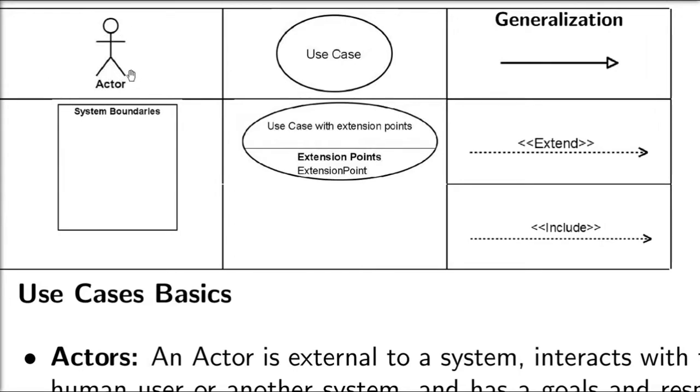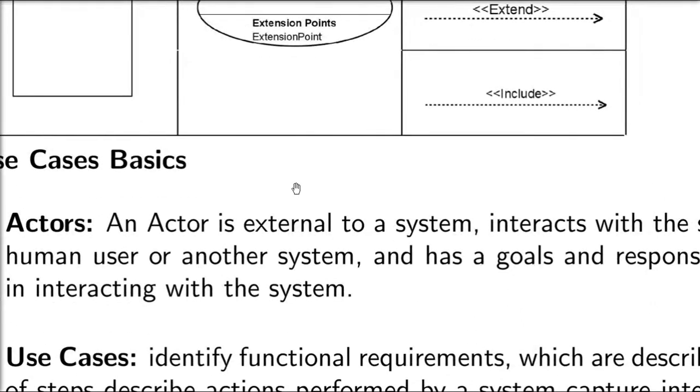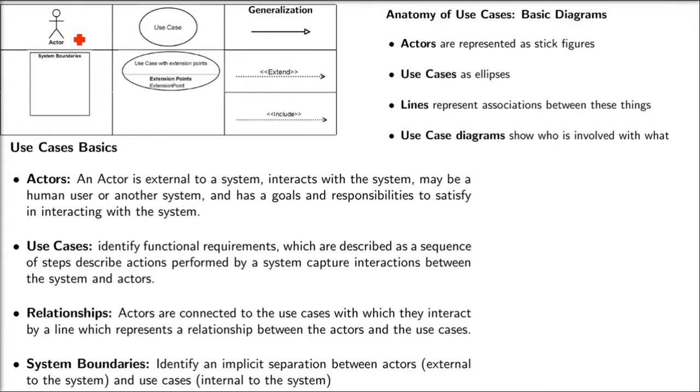So here is the actor. The actor is the one who is going to act, or initiate, or provide some support, or get the result. The actor is external to the system. Always understand, the actor is going to be external, interacting with the system. If you see the stick picture, you might think he has to be a human.